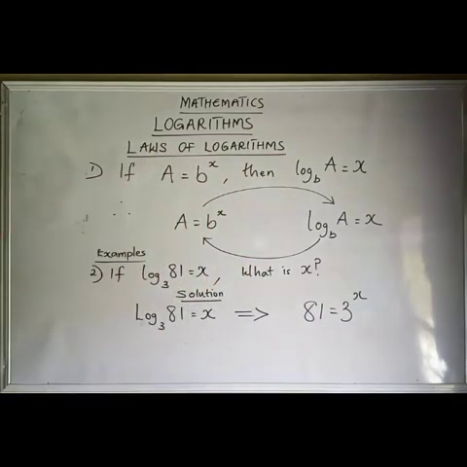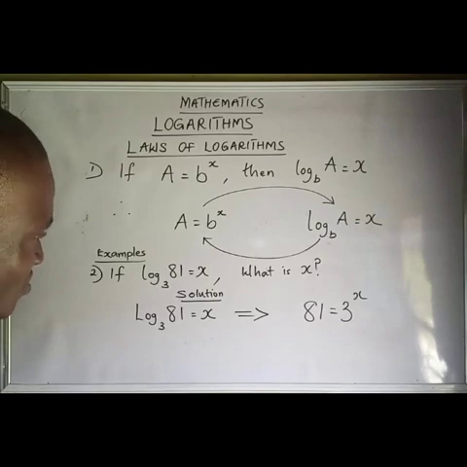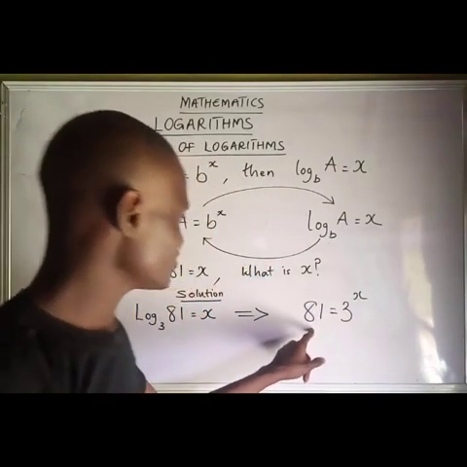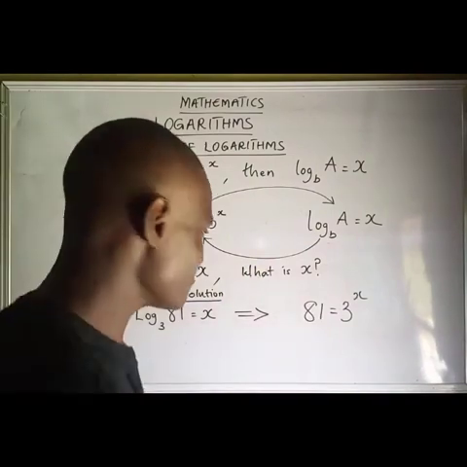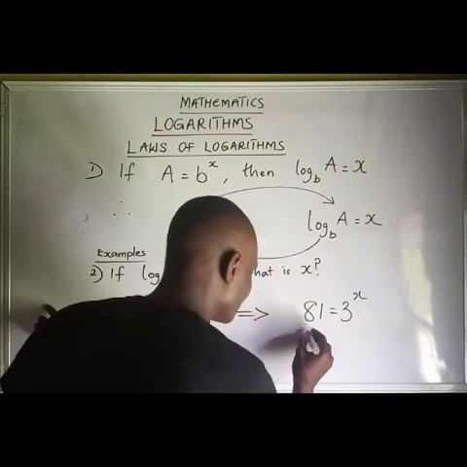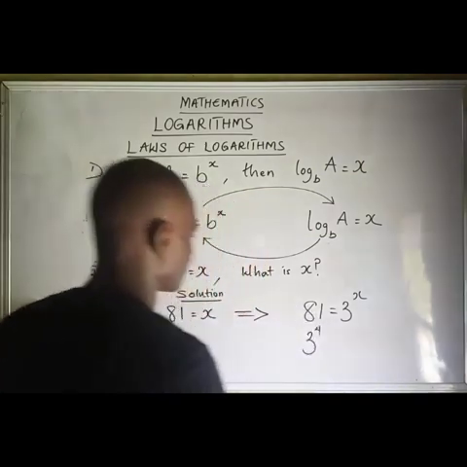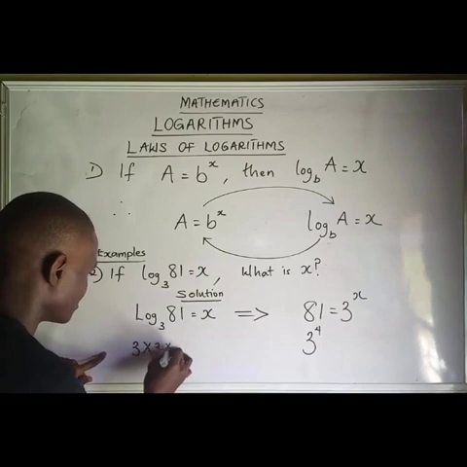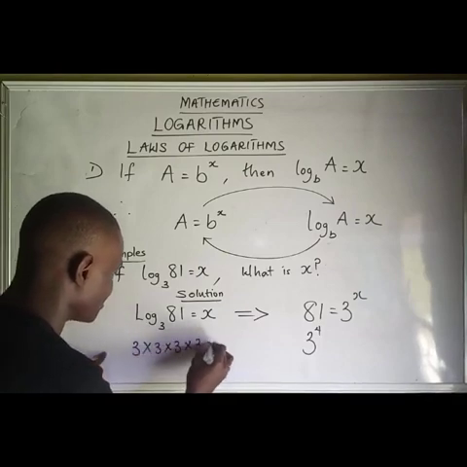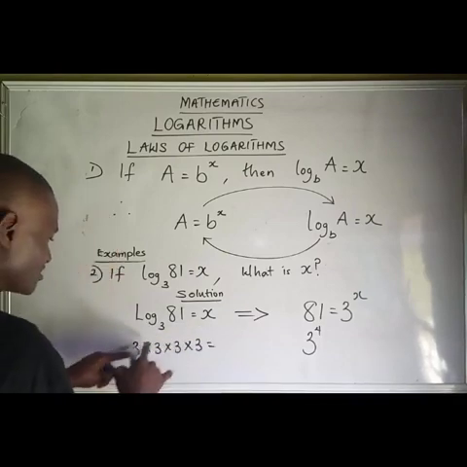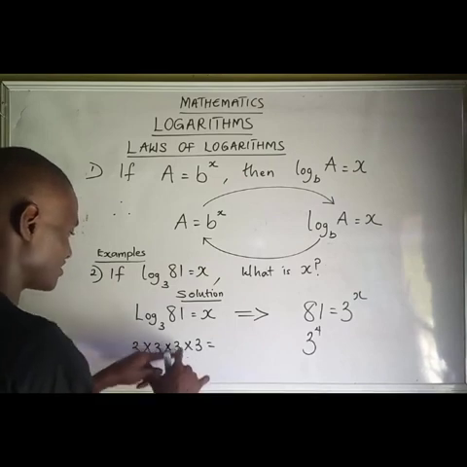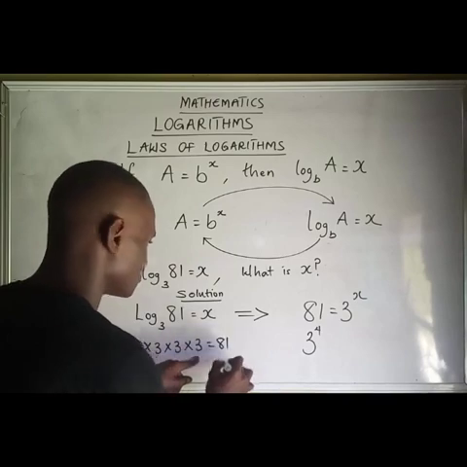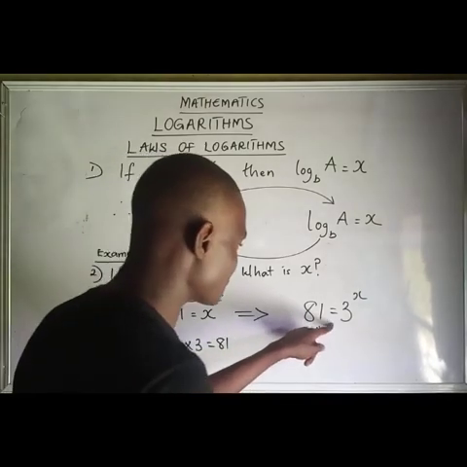So what I need now is just to ask myself, what power of 3 will give us 81? We remember something, that 81 itself is 3 to the power of 4. What I meant is that when you do 3 times 3 times 3 times 3, which is 4 times. 3 times 3, that is 9. 9 times 3, 27. And 27 times 3 is 81.